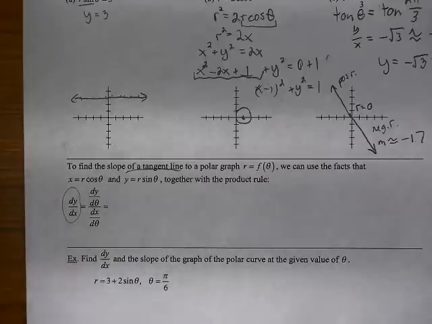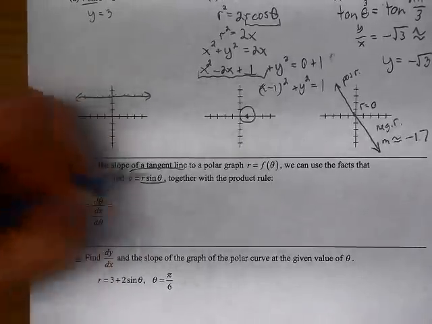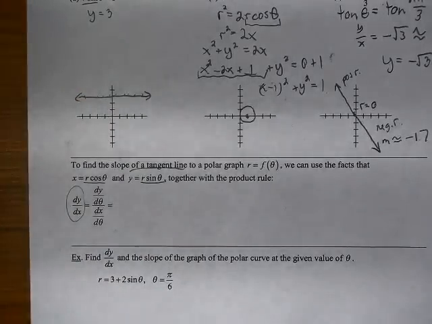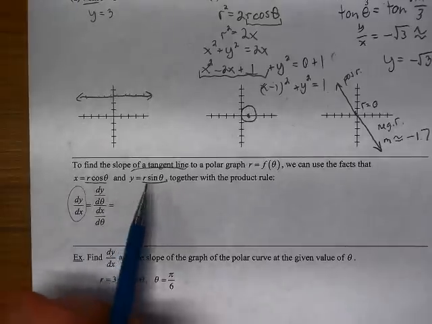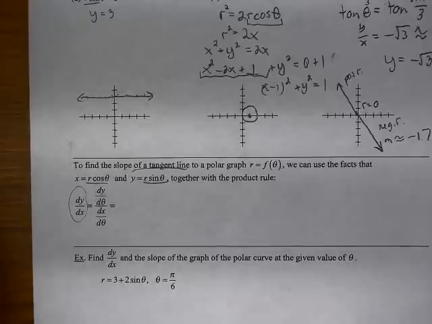All right, so when we do that, we need to recognize that x is r times cosine of theta and y is r times sine of theta. And when we take the derivative of, say, y with respect to theta, we have this product. They are both dependent upon theta, so when we take the derivative, we have to use the product rule.